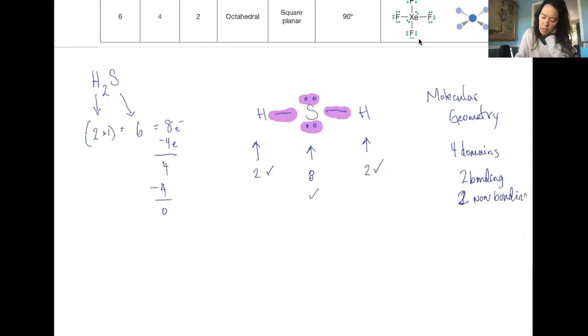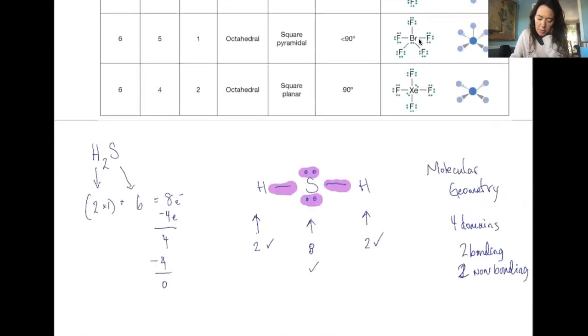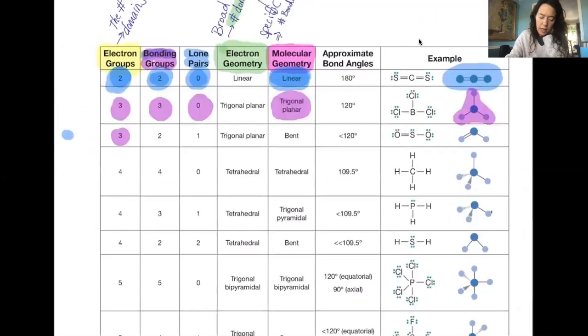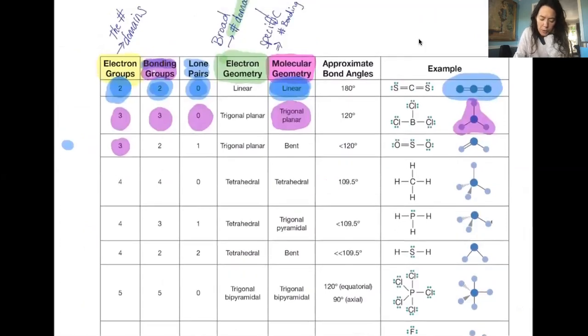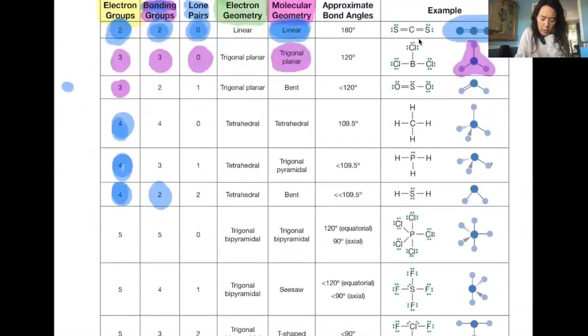So let's see what shape would minimize the repulsions. We had 4 domains, so we could take 3 different shapes. However, for us, 2 were bonding and 2 were non-bonding.